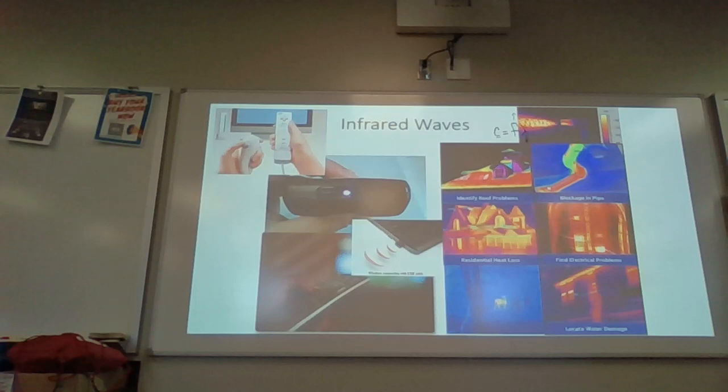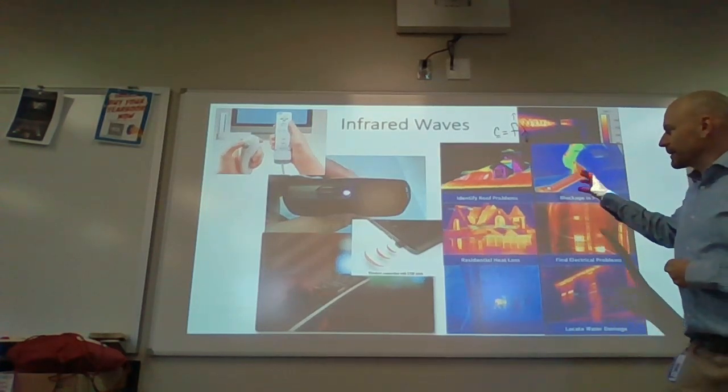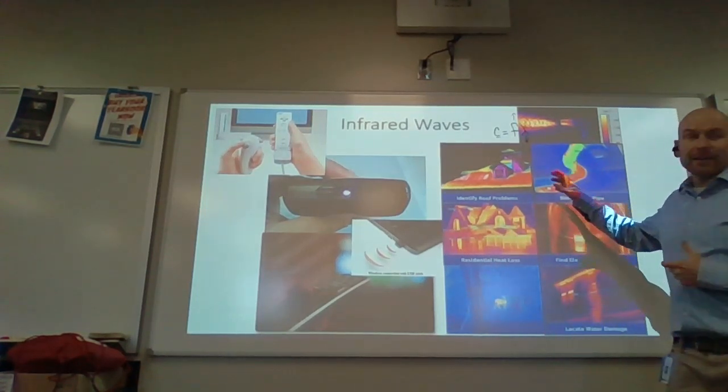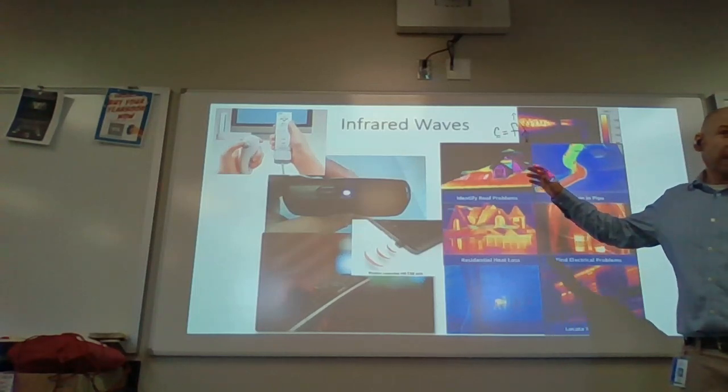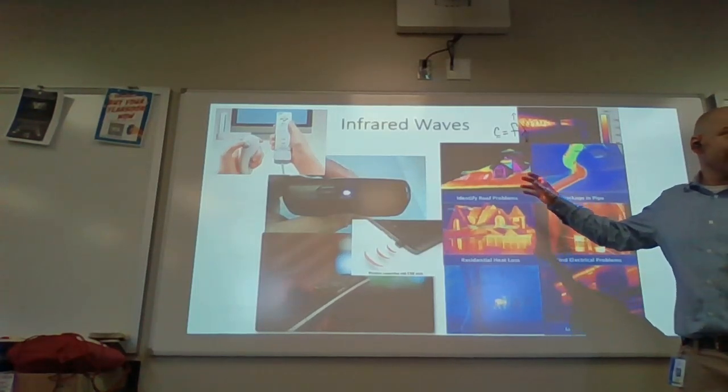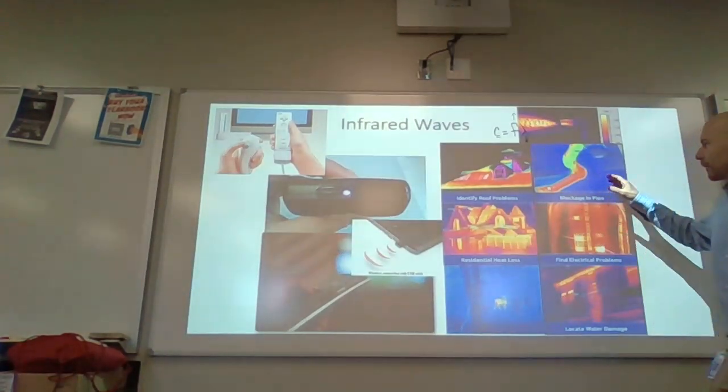Everything's above absolute zero, so everything's emitting infrared rays. And so you can get a camera that's sensitive to that to pick up thermal imaging. It's like how Predator sees. It's kind of a historic reference.